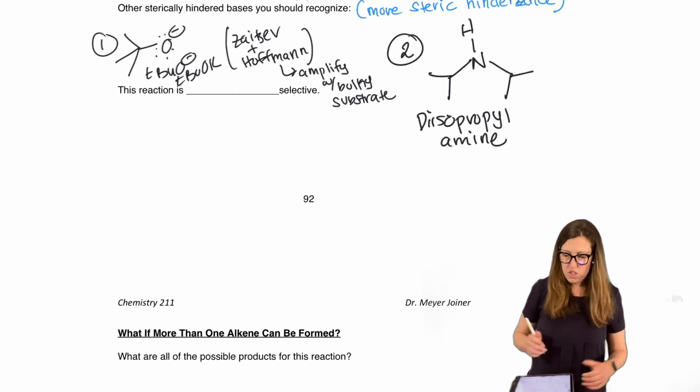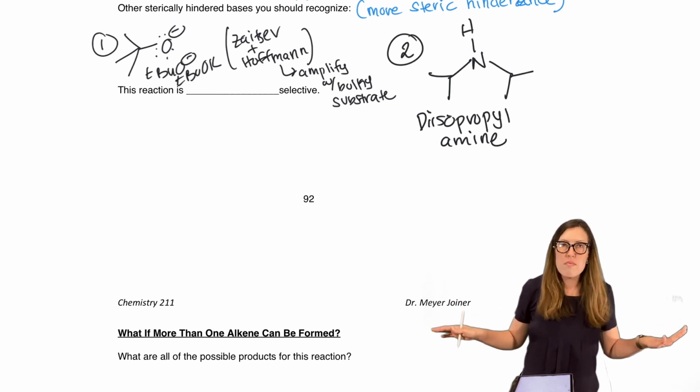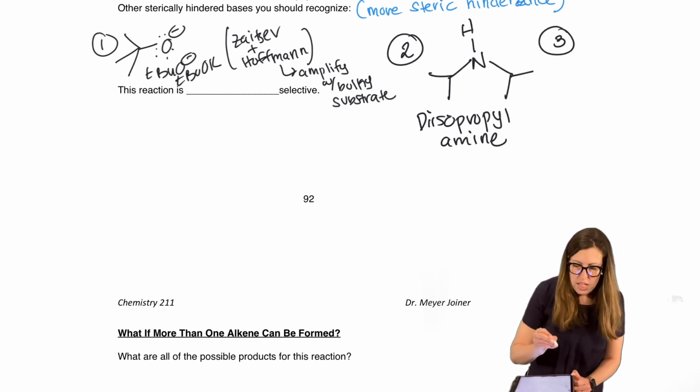So notice that has the two arms that are isopropyl create more bulk than the one T-butoxide, T-butyl group. So ethoxides are great, but not for bulkiness.